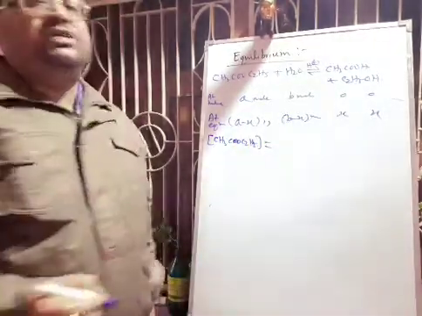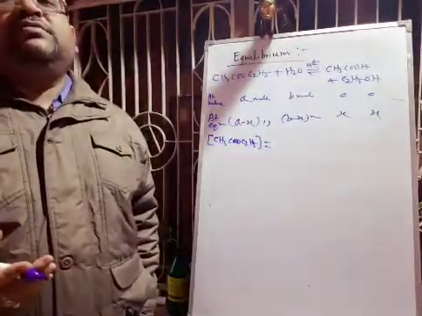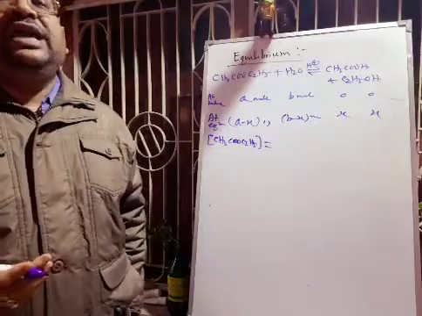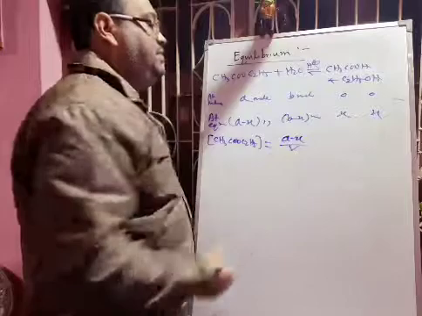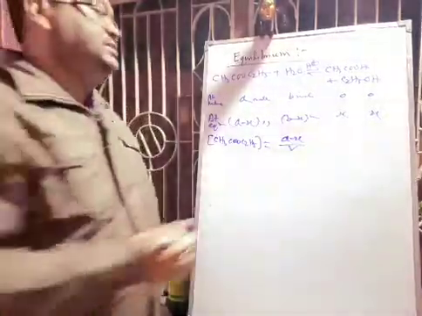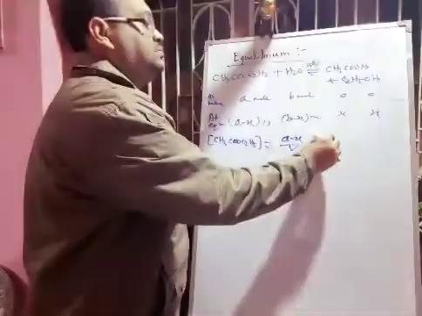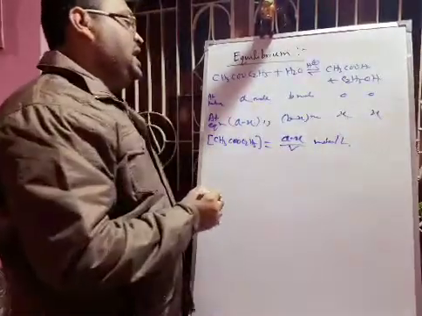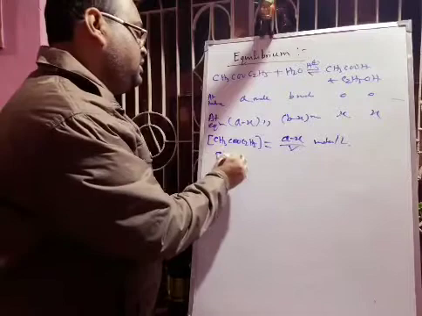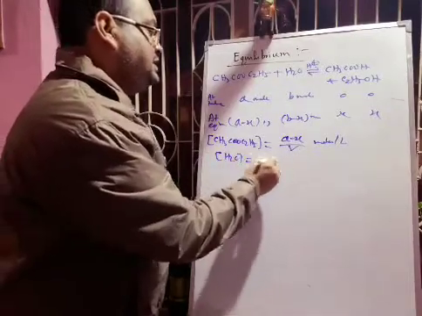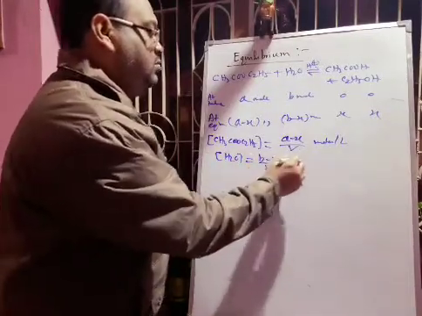Next we have to calculate the concentration of ethyl acetate, CH3COOC2H5. That will be equal to A minus x by V, moles per liter, where V is the volume we have taken. The concentration of water will be B minus x by V, moles per liter.